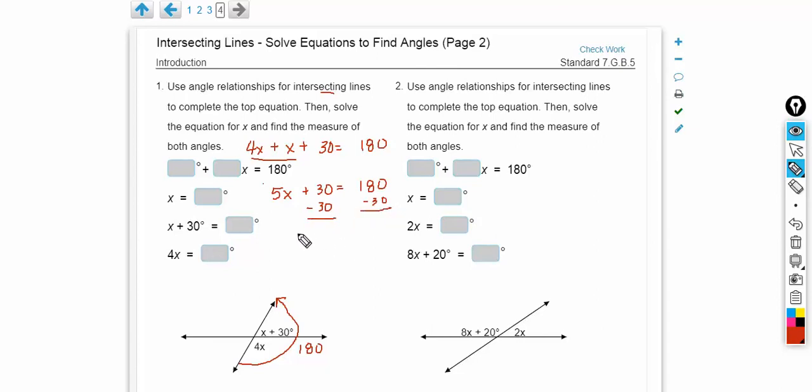Okay, that's going to leave us 5x equals 150. Now we divide by 5 on both sides, and that's going to give us x equals 30.